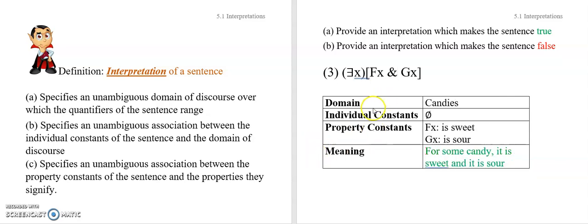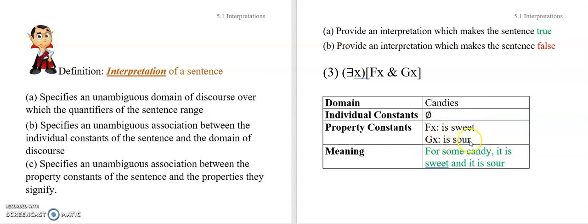Okay, so for the categorical I sentence, making it true in green here, we've got at least one thing that is both F and G. I made our domain the candies, so you've got Sour Patch Kids in there, Red Vines, M&Ms, and so on, and we don't have any individual constants, so don't have to worry about that. I just made F sweet and G sour.